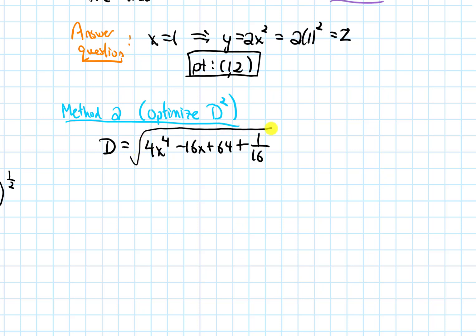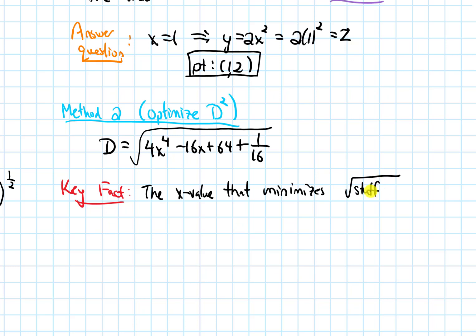So the key fact about this is that the x value that minimizes the square root of some stuff, if that stuff inside of the square root is greater than or equal to 0, which in this case it will be, because this square root thing is representing a distance, and from my picture I can see that that distance is always positive, will also minimize the square of this thing.